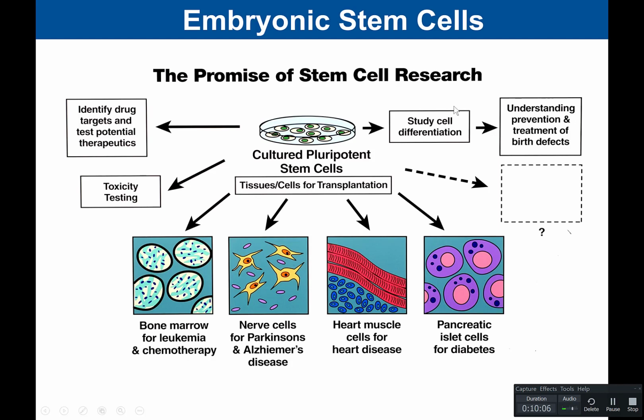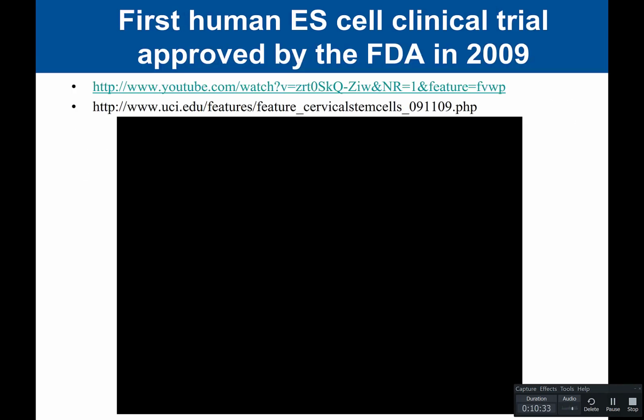Another use for stem cells would be to study cell differentiation. So study what are the chemical signals that tell a cell to become a particular lineage. This would help with understanding prevention and treatment of birth defects, for example. And then we have uses that are not yet to be discovered. There are many other potential uses for these stem cells.